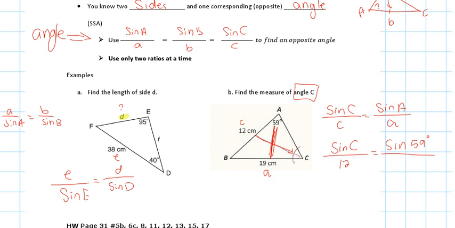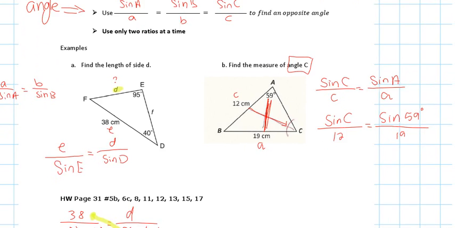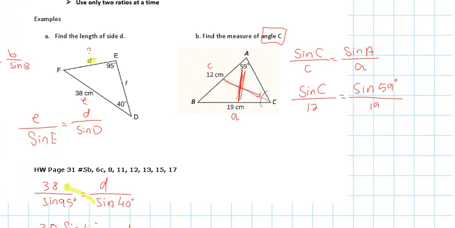So you see, again in this case, there's only one thing that I don't know, and that's angle C. I know all the other three terms. So in this case, I also have to cross multiply. So I'm going to multiply this by this. So that gives you sine C equal to 12 sine 59 over 19.